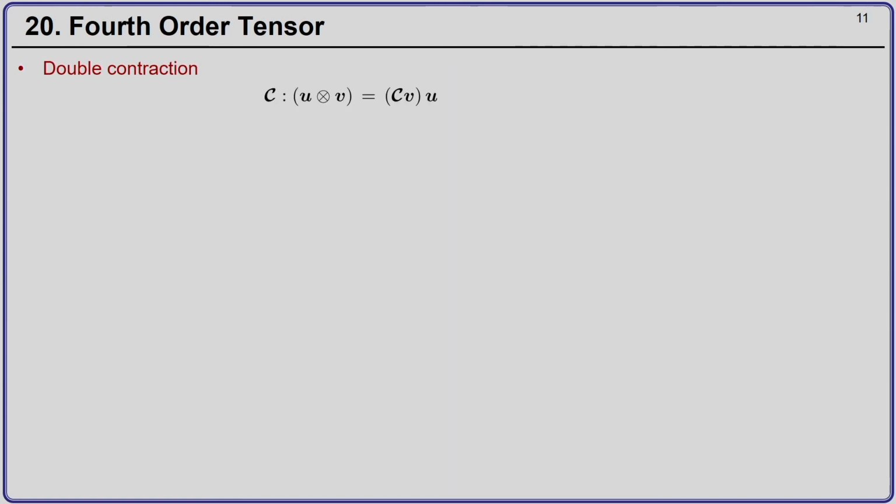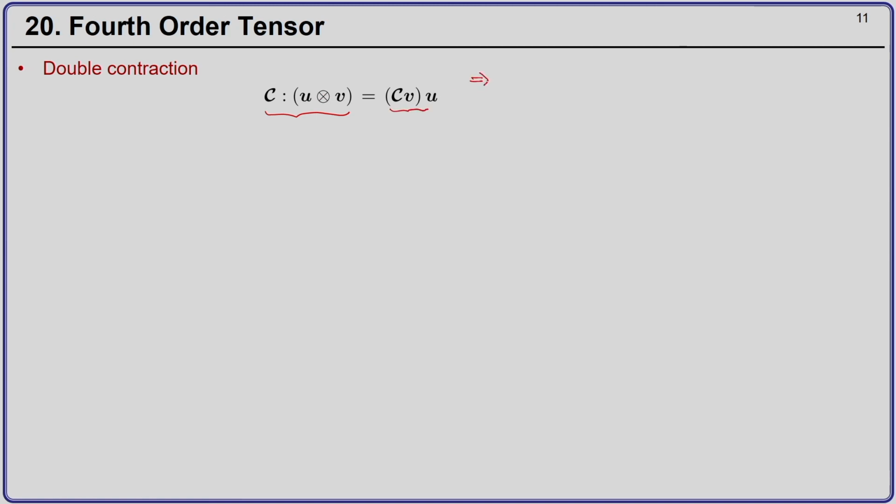Now, the double contraction between a fourth order tensor and a second order tensor. So, take a second order tensor, say a dyad u tensor product v, and C is the fourth order tensor. So, the way it is defined is C double contracted with u tensor product v will be equal to C v into u.